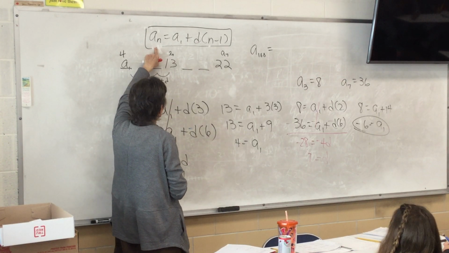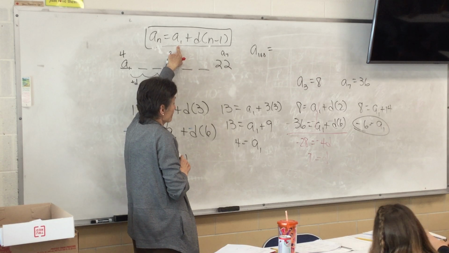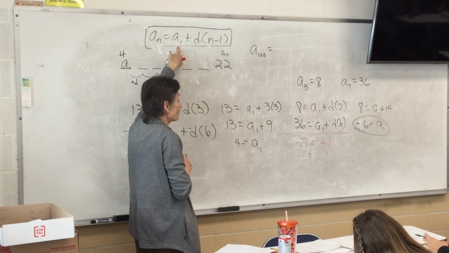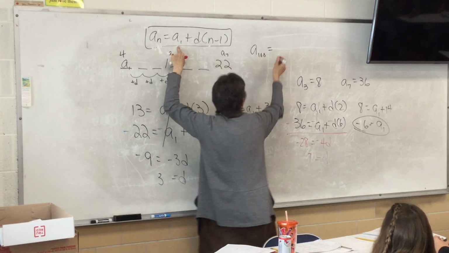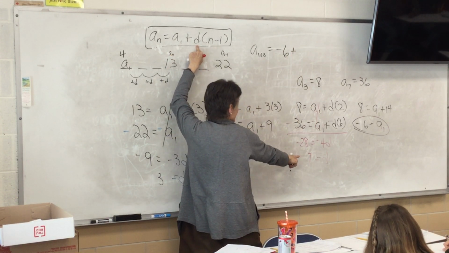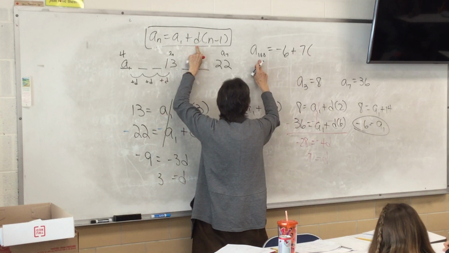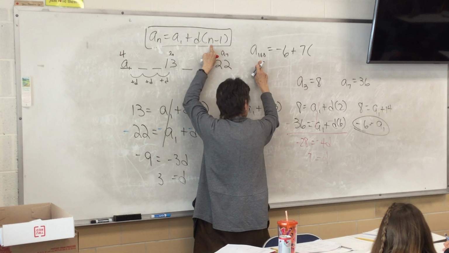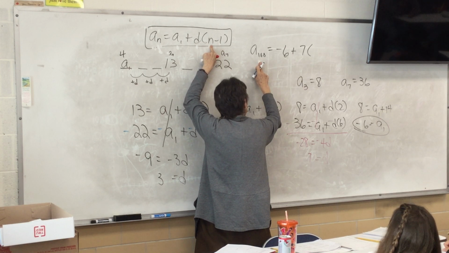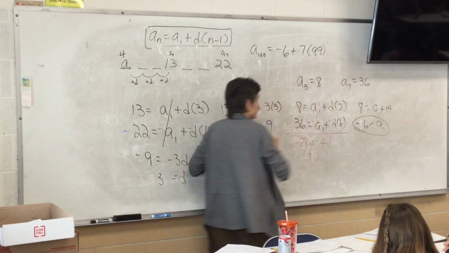According to our formula, the 100th term will be, what's our first term? -6. What's our common difference? What's our D? 7. And if we're finding the 100th term, then n is 100. So n minus 1 is 99.